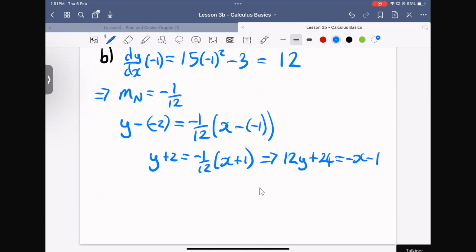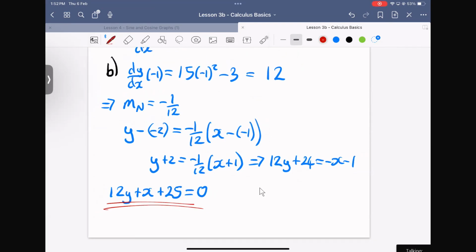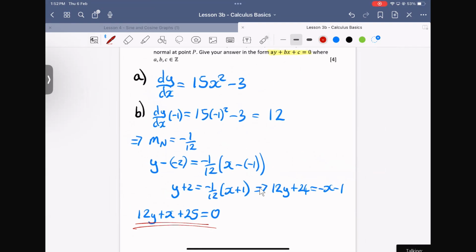Then rearrange everything so I get 12y plus x, and I have to add 1 to both sides, so plus 25 is equal to 0. And here we have the equation in general form of the normal to the curve through point P.